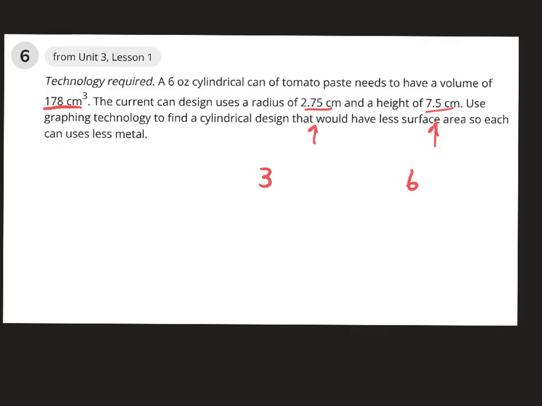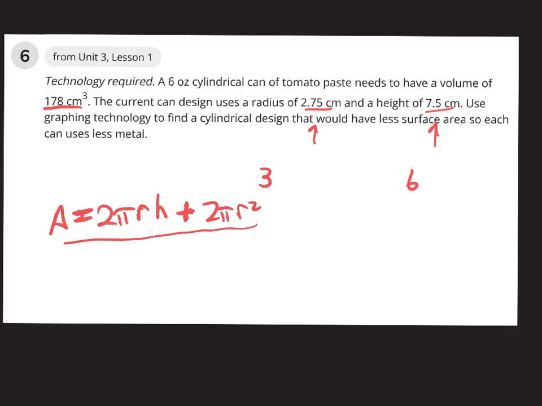So we want surface area. Surface area is a complicated equation, and so I'll write it down for you here. Okay, so the surface area is the area of the can side plus the area of the circles at the top and bottom.